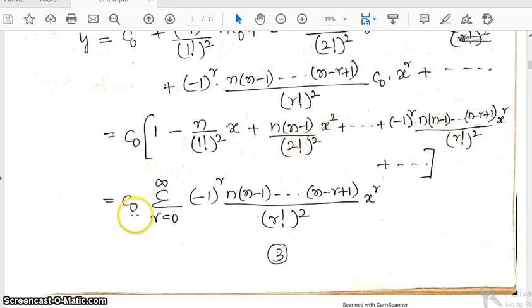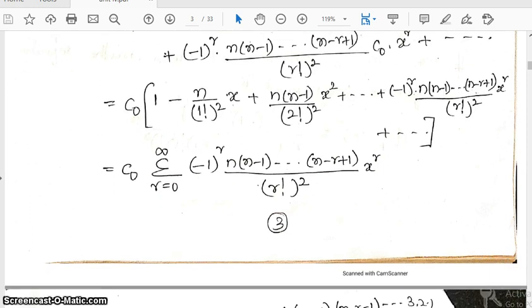So that equals C_0 into, in summation form, the general term is (-1)^R into n into (n-1) into so on, (n-R+1) by (R factorial) whole square into x to the power of R, with R from 0 to infinity.